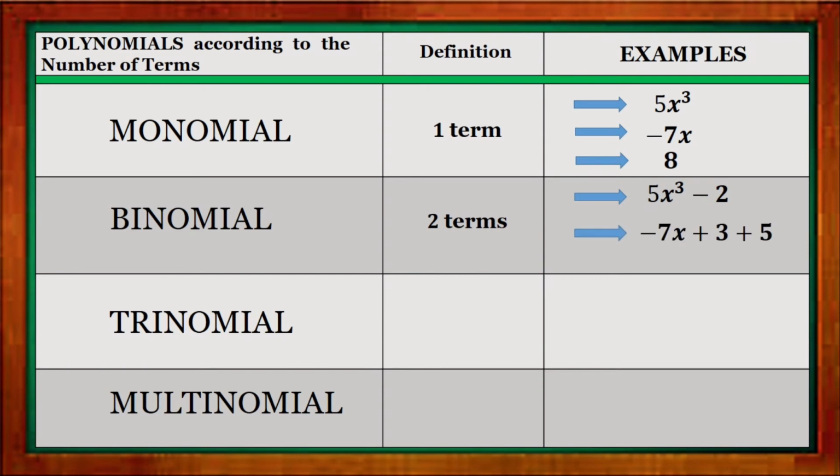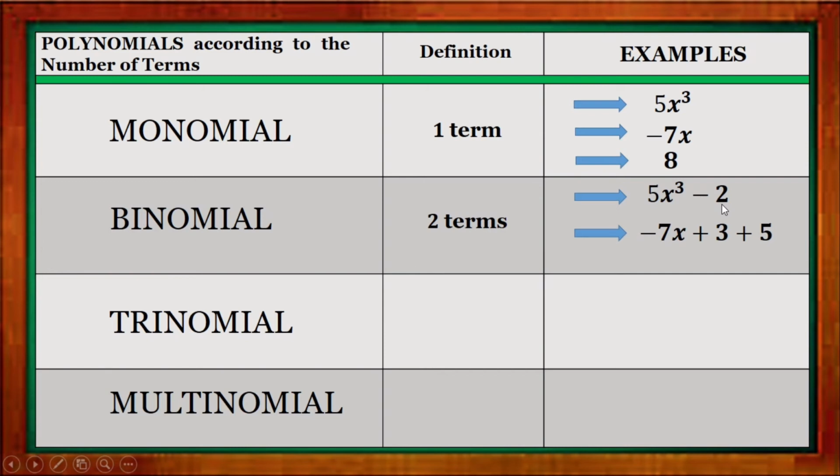Another one, we have negative 7x plus 3 plus 5. So, kung titingnan natin itong second example natin, pwede natin siya sabihin na hindi binomial because it has 3 terms as compared to the first example which has 2 terms.